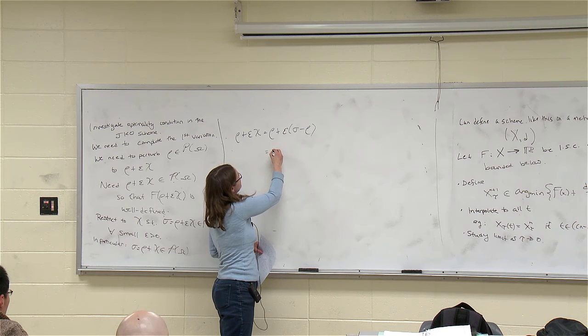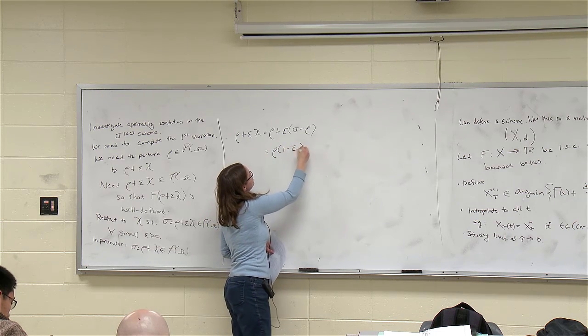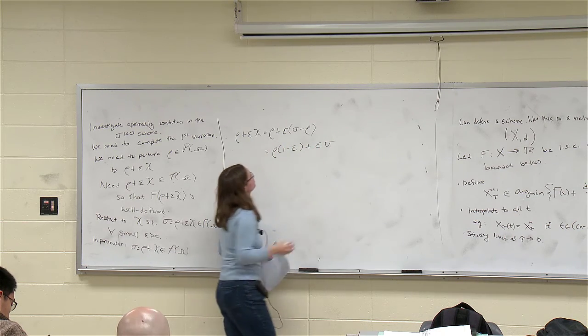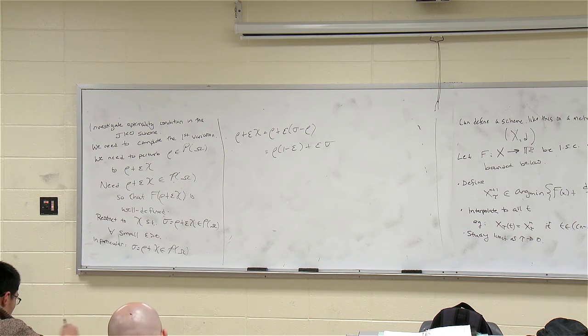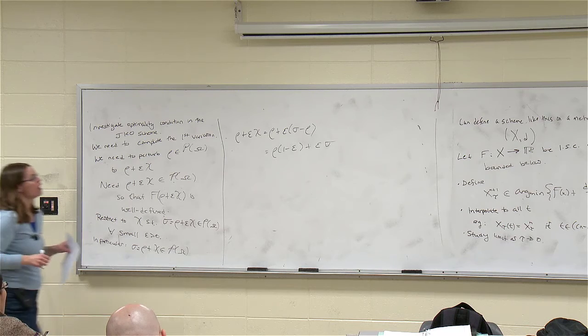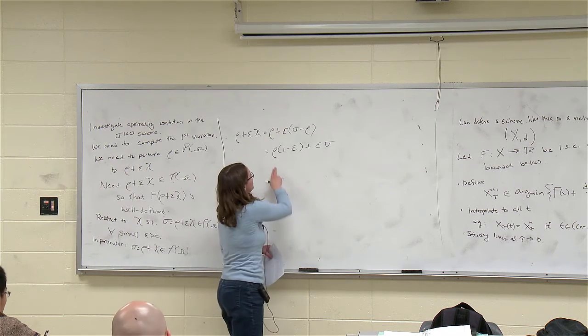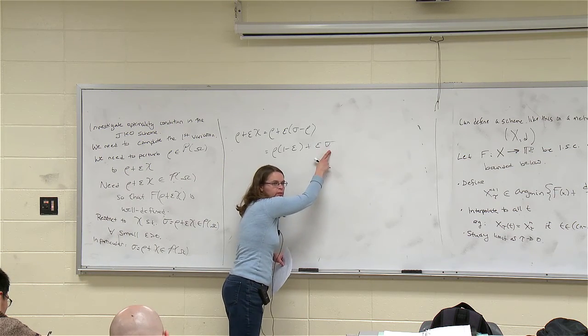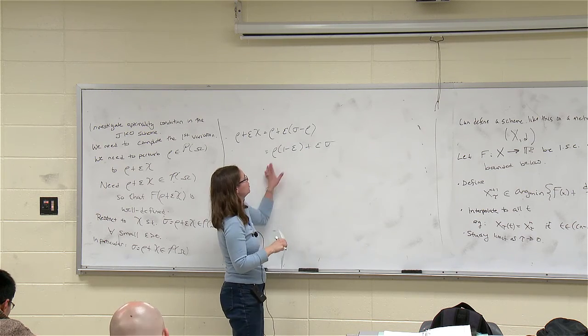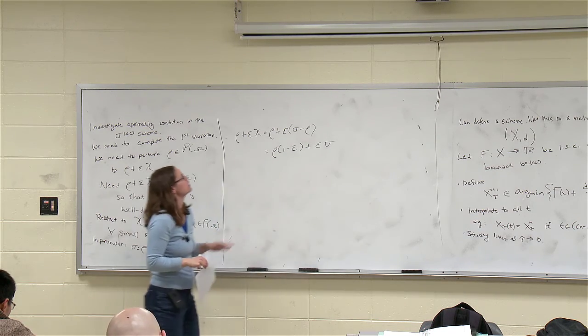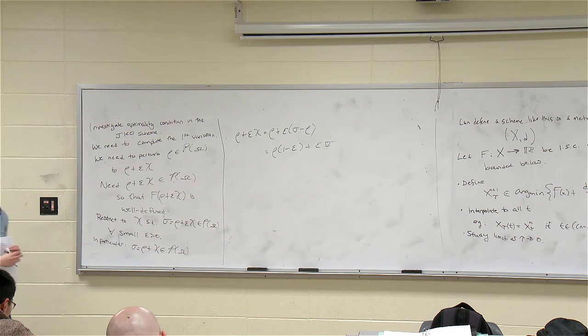So what do we have? We have rho times 1 minus epsilon plus epsilon sigma. As long as both rho and sigma are probabilities, this will be a probability, right? This looks like some kind of average of rho and sigma. So these are the kind of perturbations that we're allowed to take.